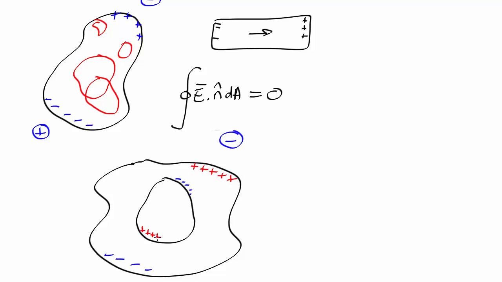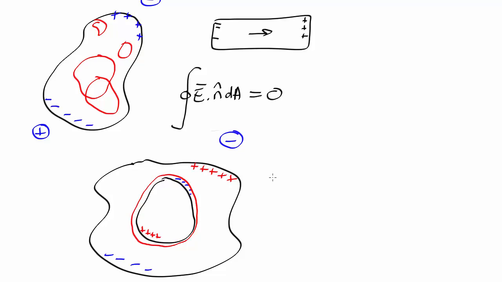Well, what we can do, once again, is define our Gaussian surface. So in this case, let's pick a Gaussian surface that's just outside our hole. Now once again, because the Gaussian surface is entirely going through the metal, there can be no electric fields inside the metal.